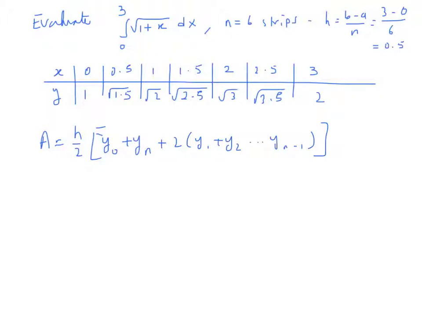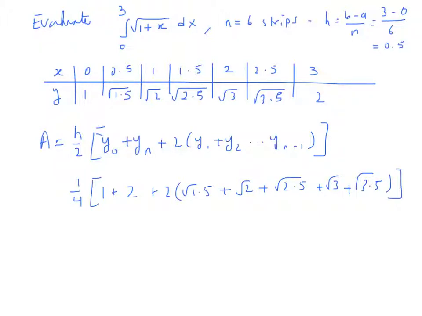So we've got h, which is a half, divided by 2 gives us a quarter. Then we've got the first term, 1, plus the last term, which is 2, plus 2 times everything in between. So 2 times the square root of 1.5 plus the square root of 2 plus the square root of 2.5 plus the square root of 3 plus the square root of 3.5. And that then gives us 4.661488, it goes on and on. And so that's our approximation to the area.